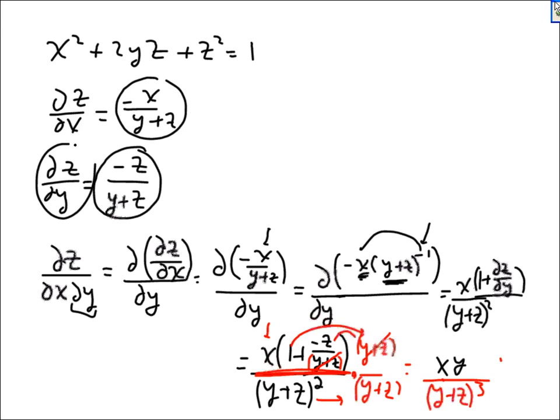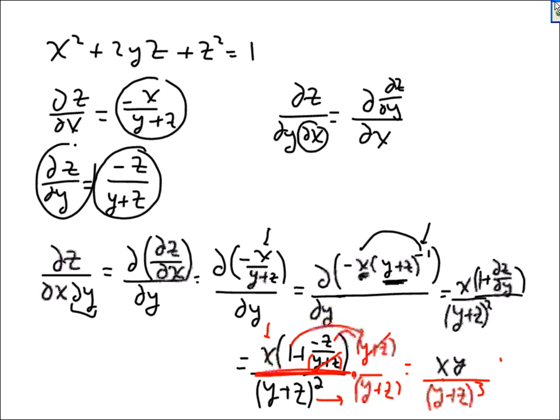And you can go and find the partial of z with respect to y with respect to x. So we do this one last. That is, we take the partial with respect to x of partial z, partial y. z sub y is this.